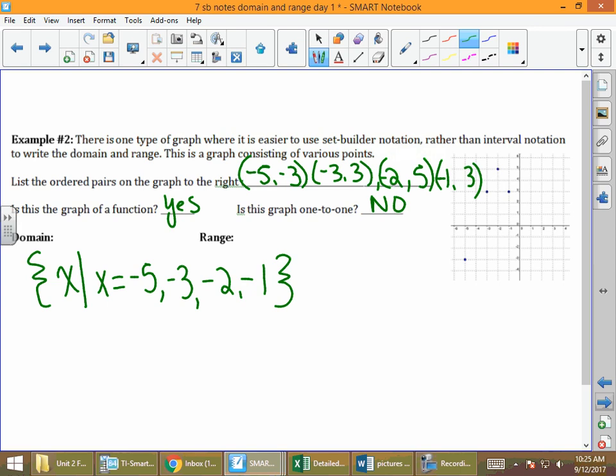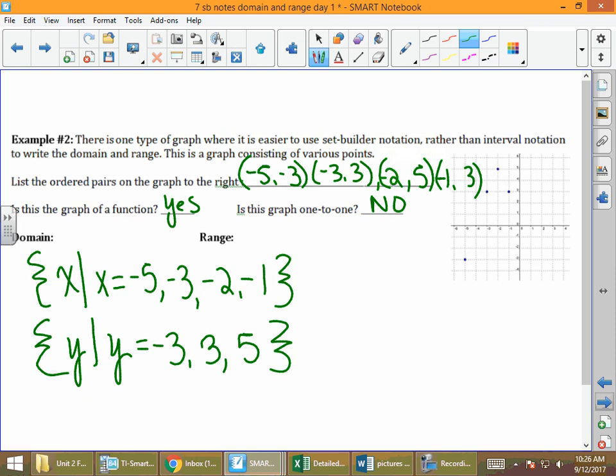Well, the range, we're going to do the same thing, except that we're dealing with the y values, and hopefully you can fit your spacing in a little bit better than me. Squiggly parentheses. But remember, range is represented by the letter y, so we're going to have y bar, and then it's going to be y equals -3, +3, and 5, squiggly parentheses.